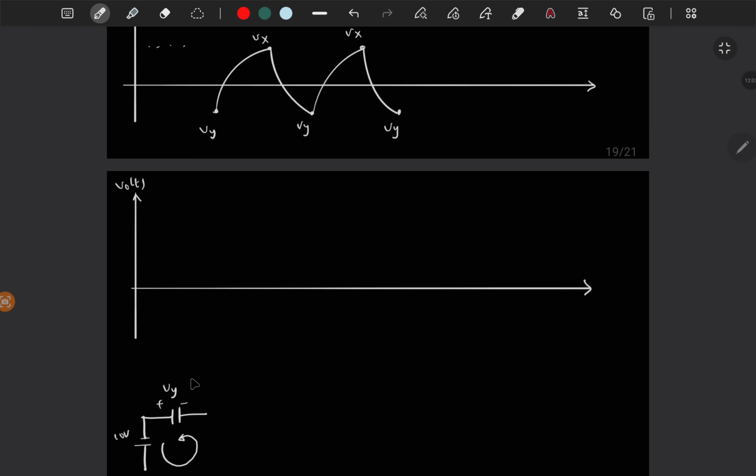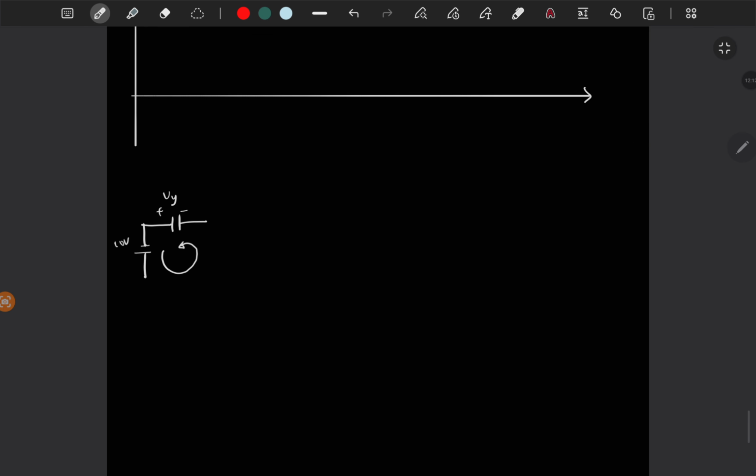It means it is charged to 6 volt in this direction. That's why I have taken the polarity of a plus minus and absolute value of Vy. So this is Vy, and we have a resistor. So here V0 is minus 10 minus Vy. Here Vy is negative, then you will get more than minus 10, right?